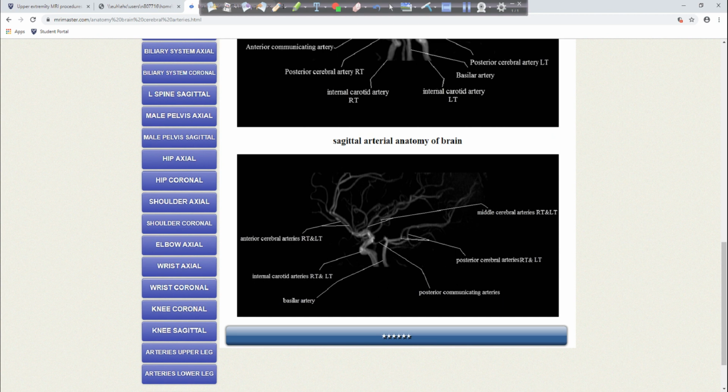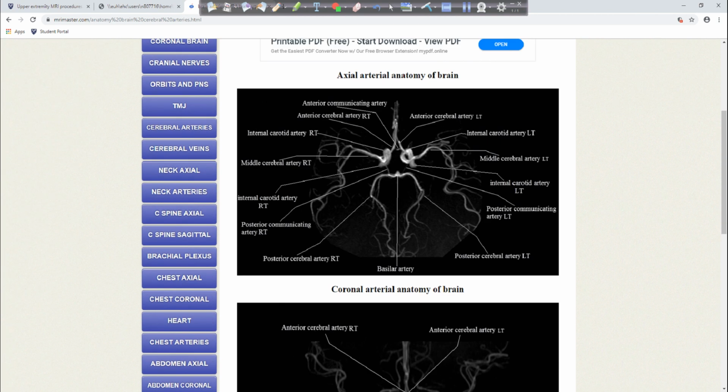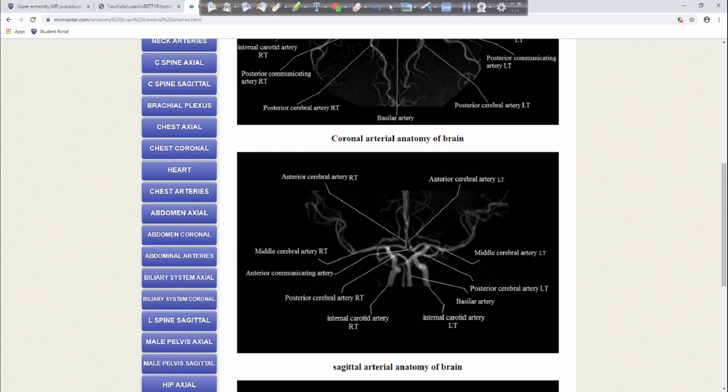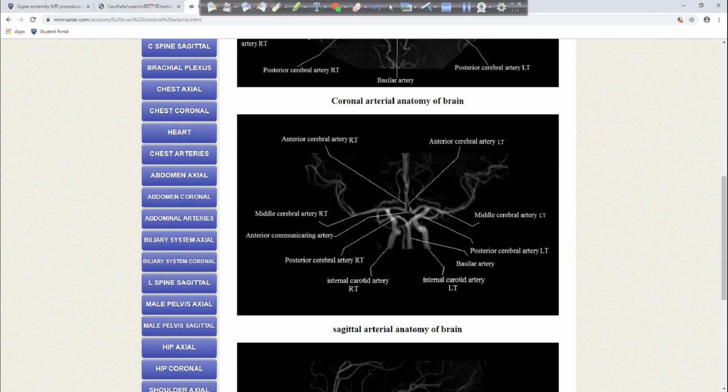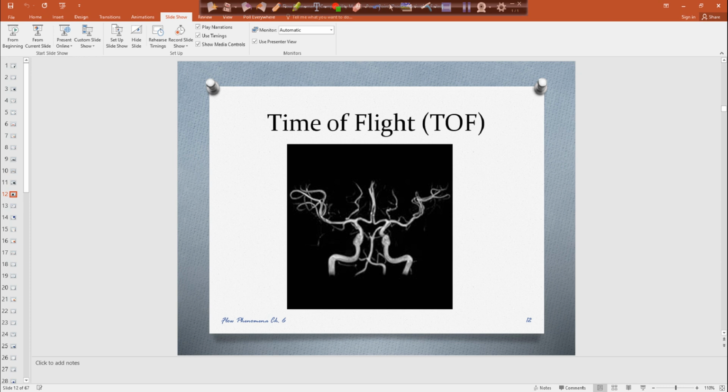So this is a good way to know the anatomy that you need to not cut out with your mipping. So you usually just separate the two. A lot of people usually start on the axial, and they separate by cutting these communicating arteries right in the middle. And once you separate it, then you can cut them in the other planes. You can manipulate it with the mipping to cut out all that stationary tissue. But that's our time of flight.